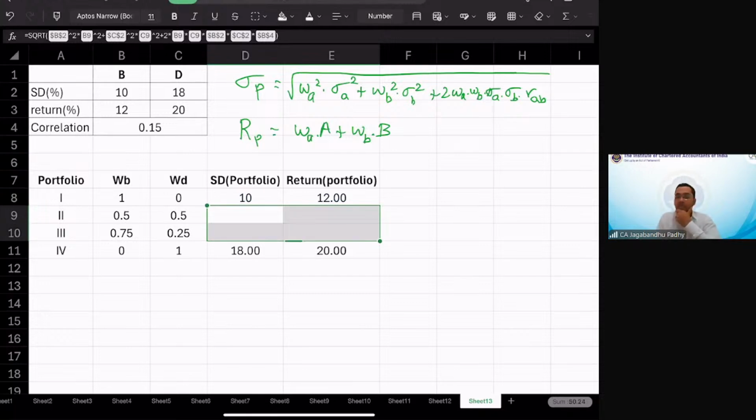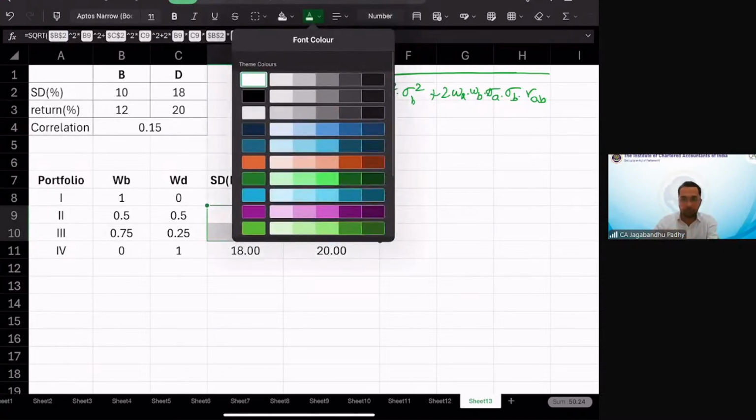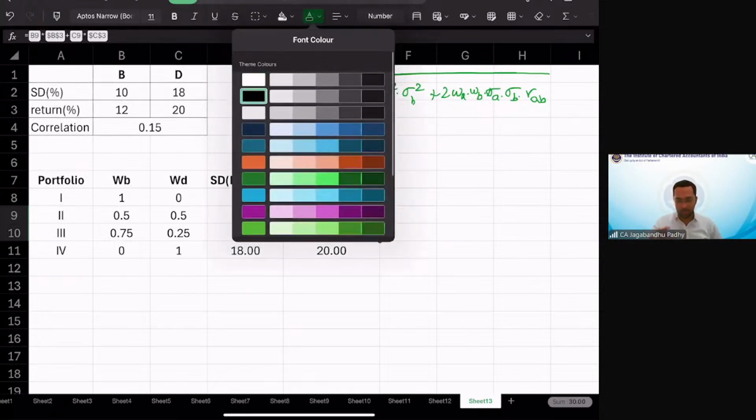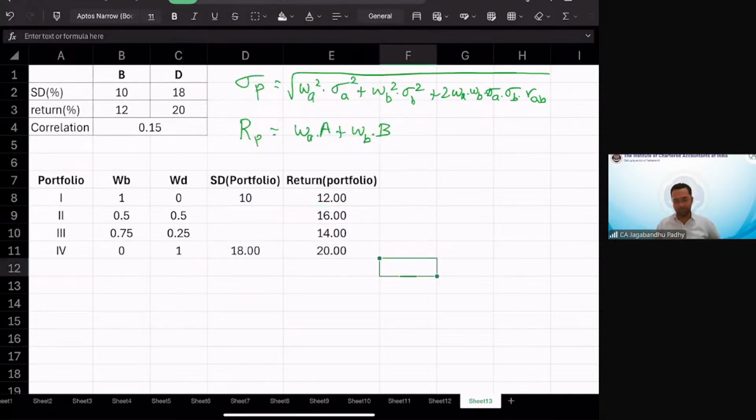Please calculate the standard deviation and the returns, guys. Returns can be computed very easily by just taking the weighted average numbers.